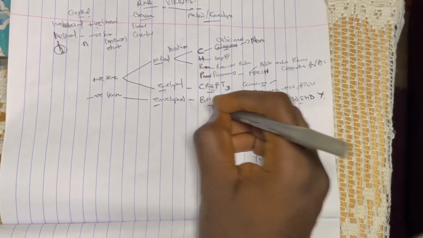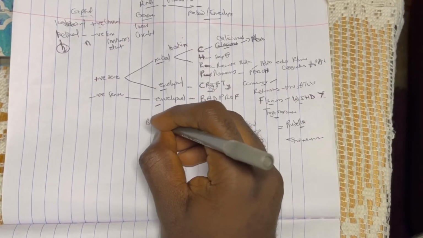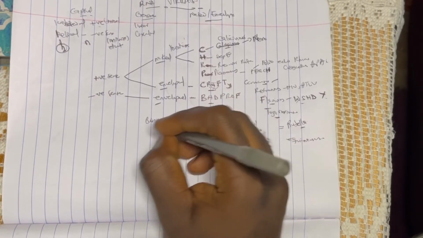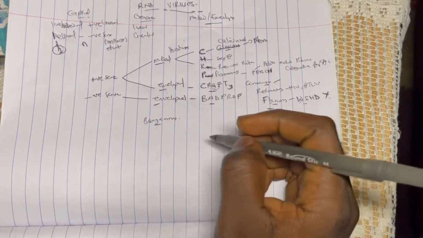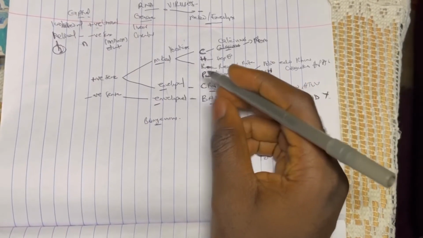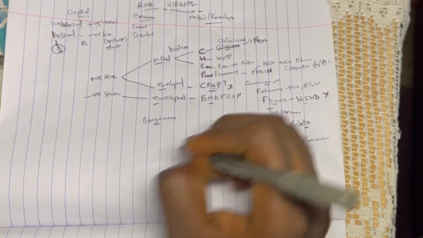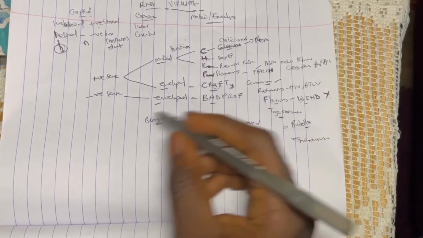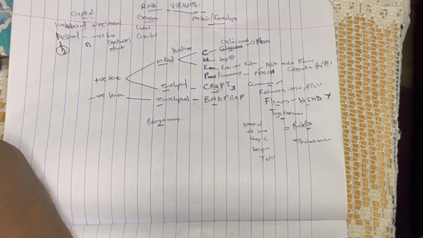And then now we come to the BADPROF, okay? So BADPROF, the B stands for Bunya virus. So for the Bunya virus, there's a lot of organisms under it, okay? And we're studying this for an exam, so sometimes I do a sort of elimination.